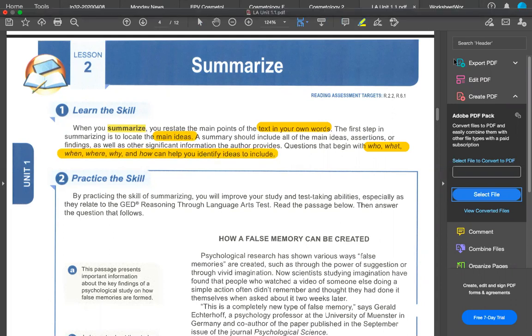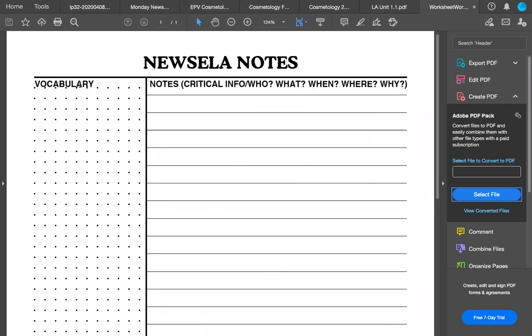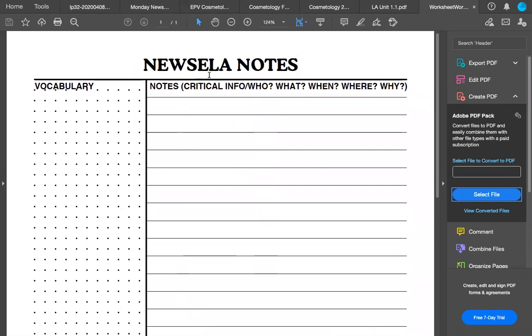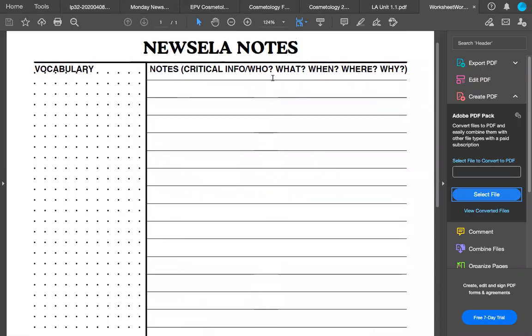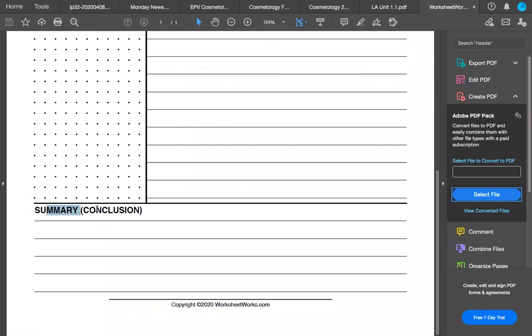And that's why, and I'll send this as well, I probably haven't, if you're newer, you probably haven't seen this. I use this type of notes all the time. We have a vocabulary over here on the left, and you can make little definitions if you want, but your critical notes are if you're really understanding the who, what, when, where, why, and then your summary or conclusion.